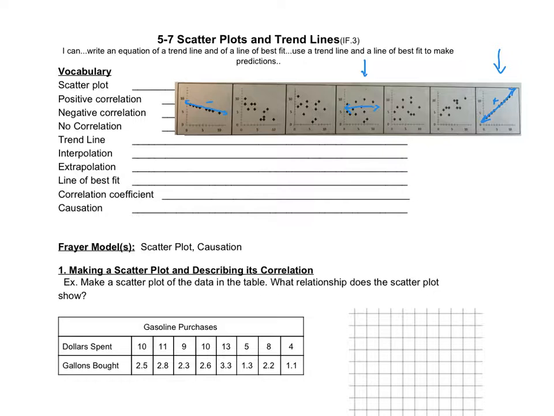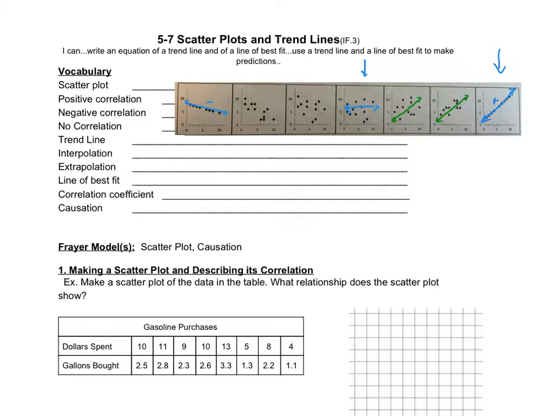As I move out to the right, I can start to see a general upward trend. It's loose data, and then as we get farther out, we start to see how our information is grouping around that line.